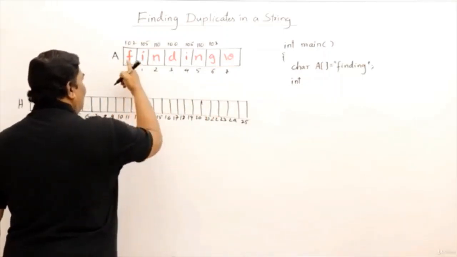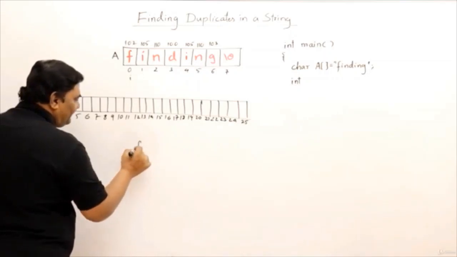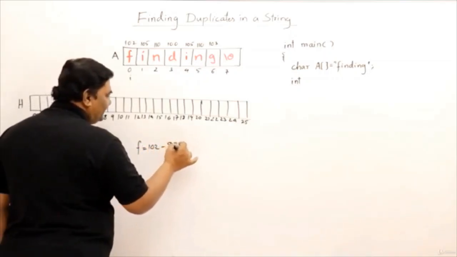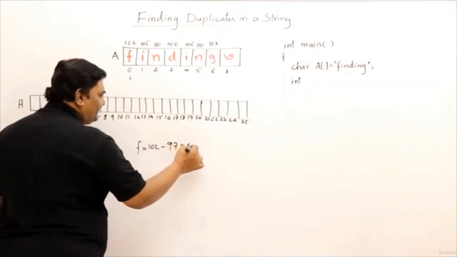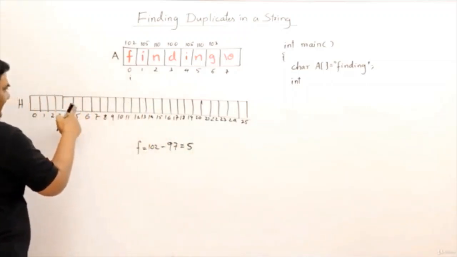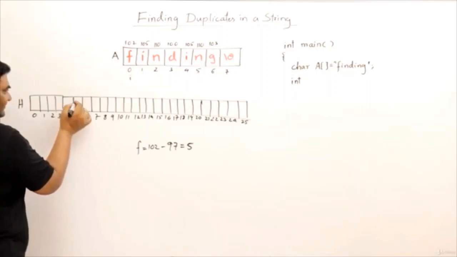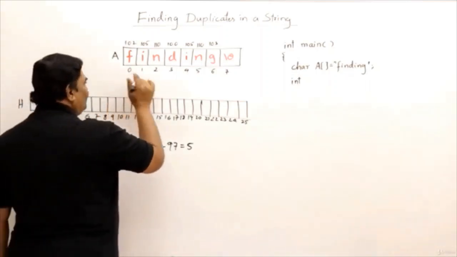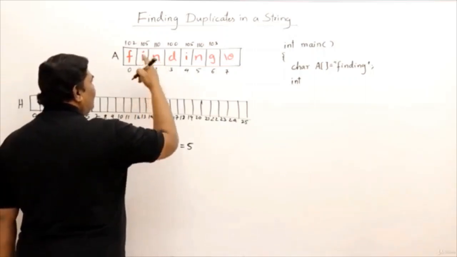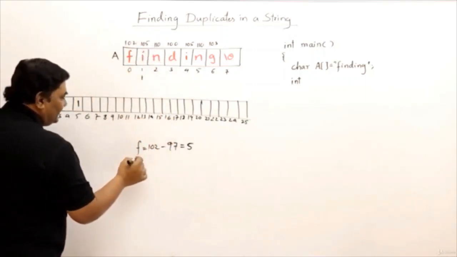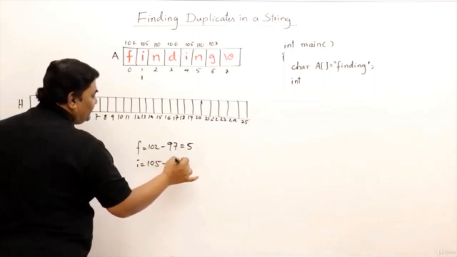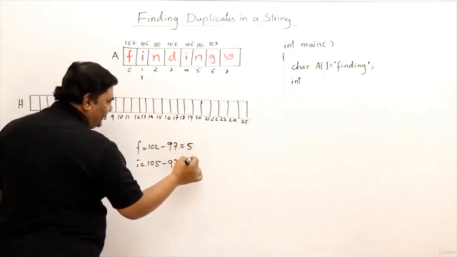All right. Now let us scan through this string. First alphabet F. The ASCII code of F is 102, minus 97 gives 5. So go to index 5, it is already 0, just increment it, so it is 1. Then move to the next alphabet I. This is 105, minus 97 gives 8.